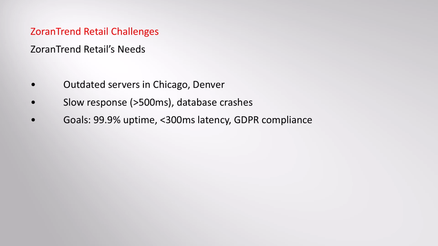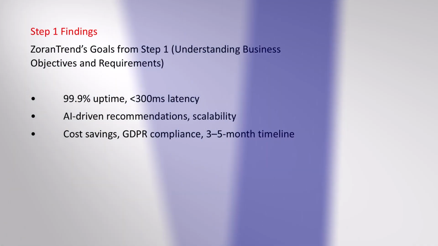Their website and mobile app handle steady traffic, with significant surges during events like Black Friday. Their on-premises infrastructure in Chicago and Denver relies on outdated servers, resulting in slow app response times, often over 500 milliseconds, an unstable database prone to crashes, and high operating costs for power, licenses, and maintenance. These crashes have caused substantial revenue losses.